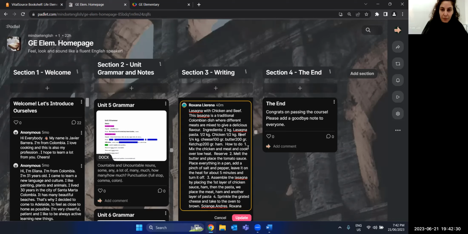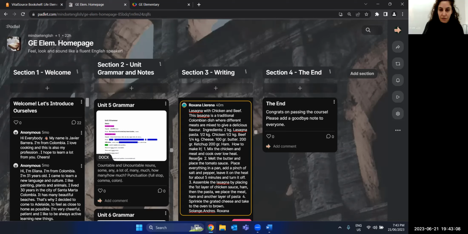So again, I'm going to put capital. 1/4 kilograms cheese. 100 grams of butter. 200 grams of ketchup. And 200 grams of ham. How to do. We don't say how to do. You can say how to make it. So again, colon, because we're going to give steps. 1, mix the chicken and meat and cook over low heat.